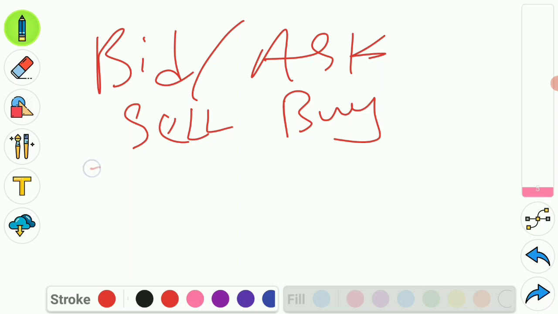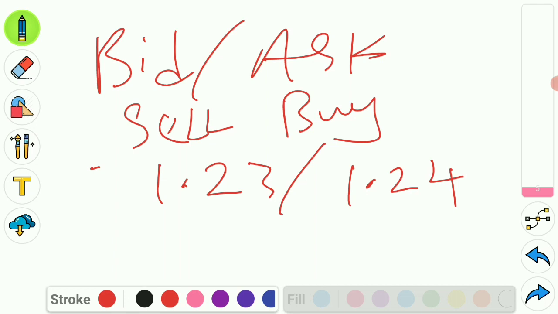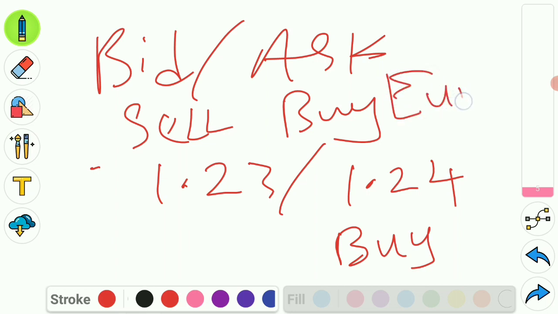Then ask price is the price you are willing to buy. Taking the example of EUR/USD at 1.23 slash 1.24, this ask price is the price where you are willing to buy that currency pair.